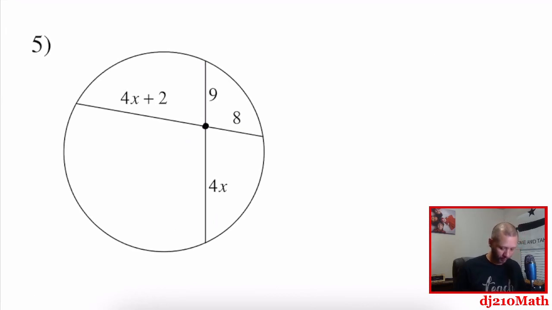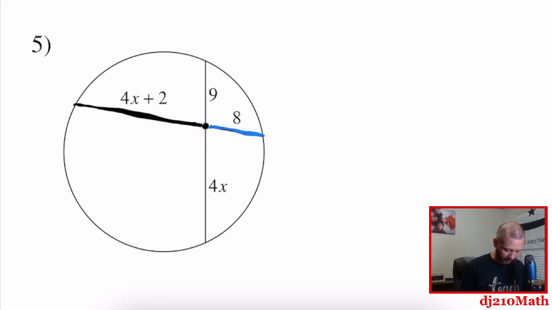So what's going to happen is each chord intersects the other chord, splitting each chord into two parts. So there's this black part, this black segment.